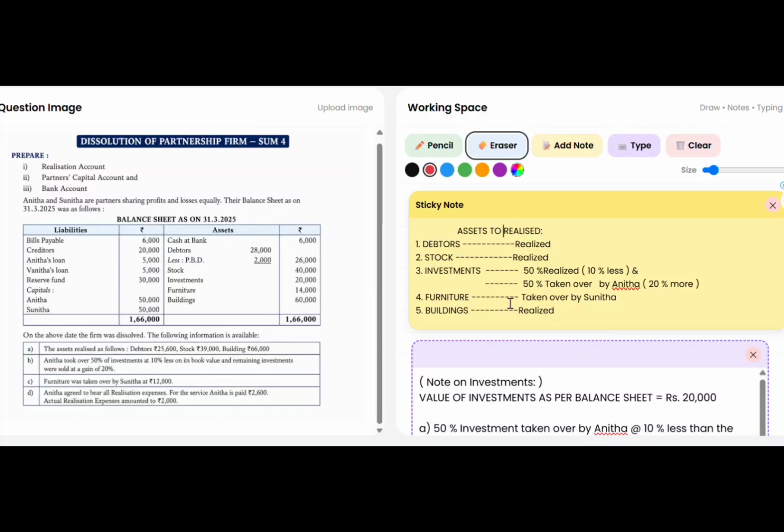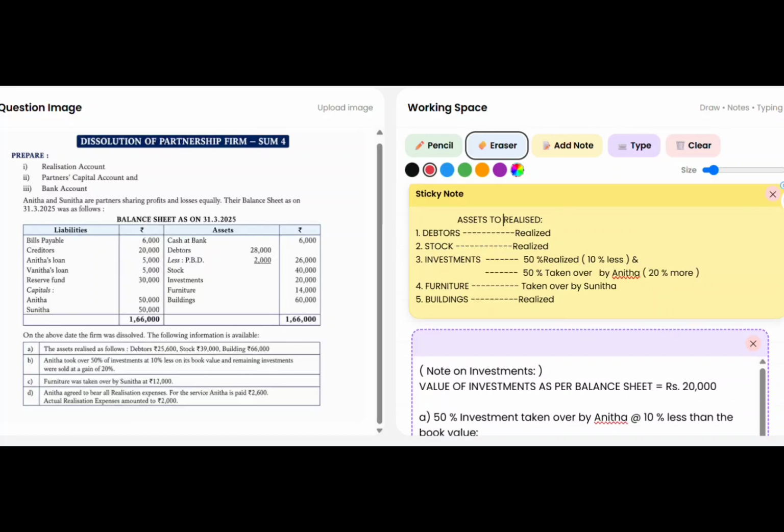The next asset, furniture, is being taken over by Sunita, and buildings are realized as per the adjustment at rupees 66,000. This is the note with regard to the assets that are realized and the assets that are taken over.